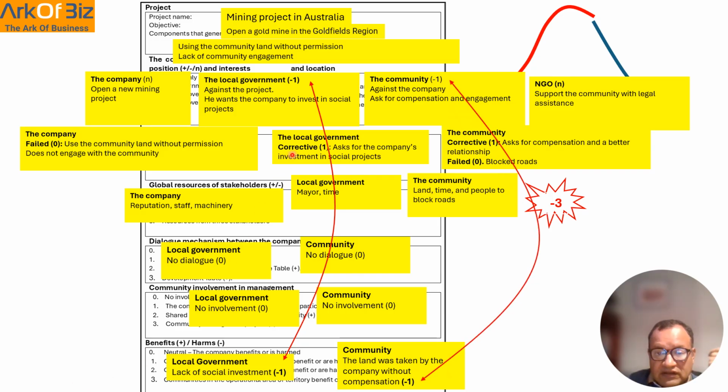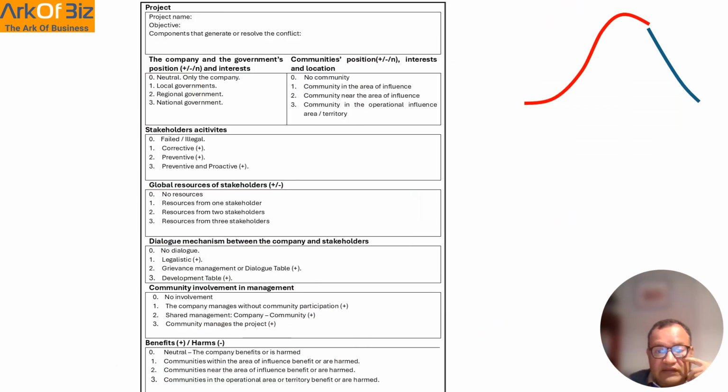As you see here, both are opposed because they are receiving harms. They should be aligned. If you have opposition, it means harms. If you have benefits, it means they are in favor because they receive benefits. Let's see the next slide.